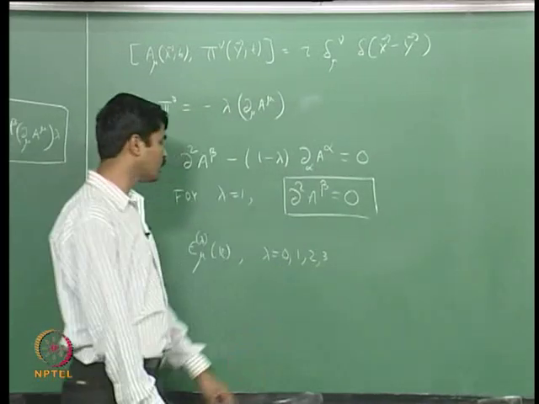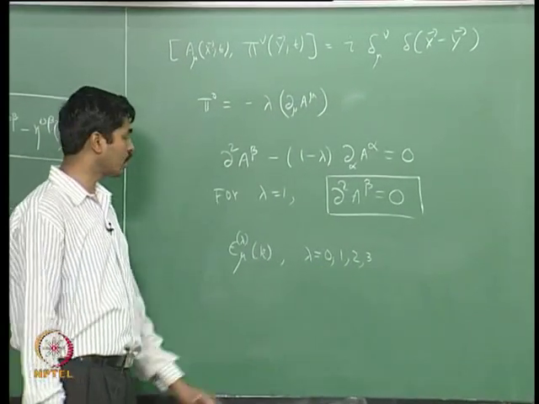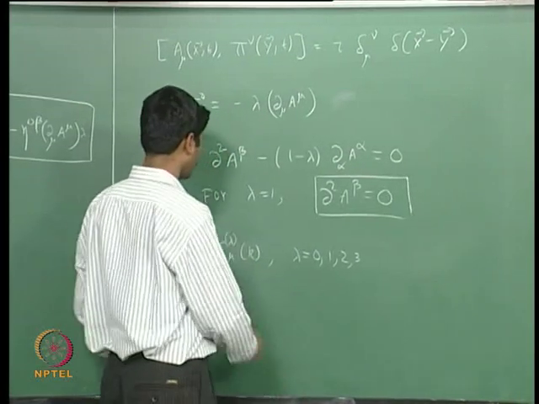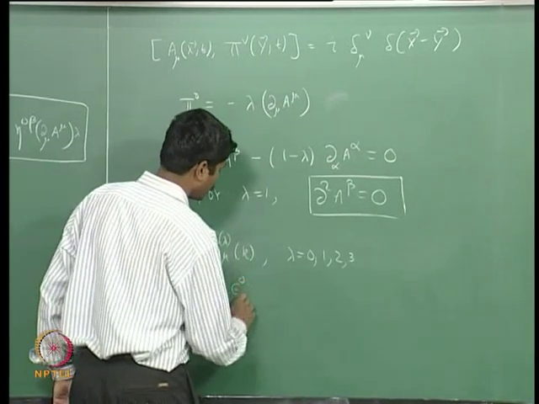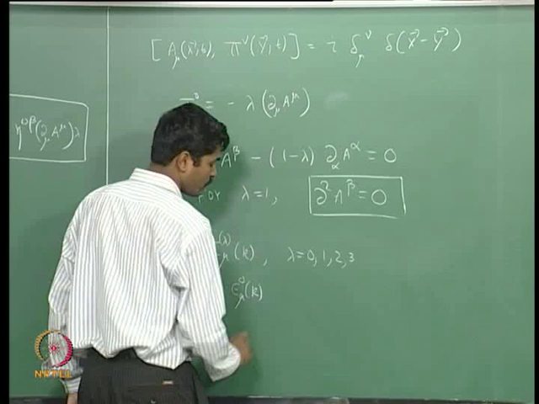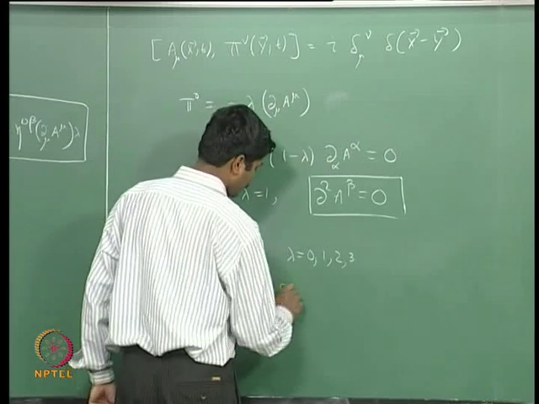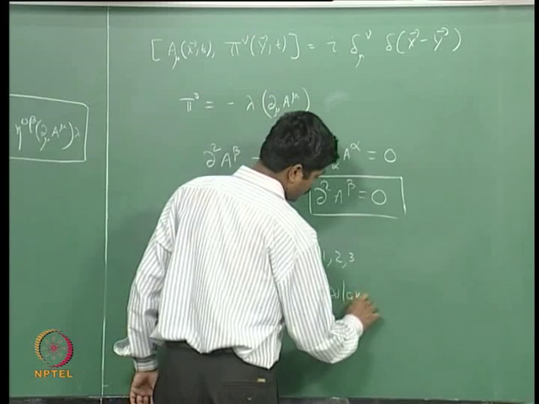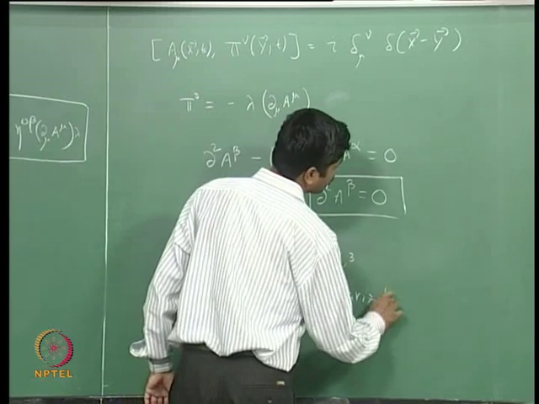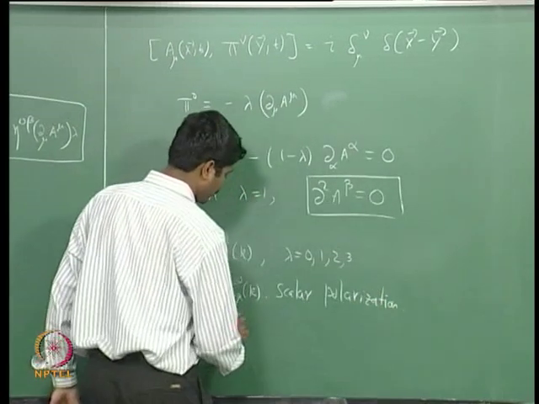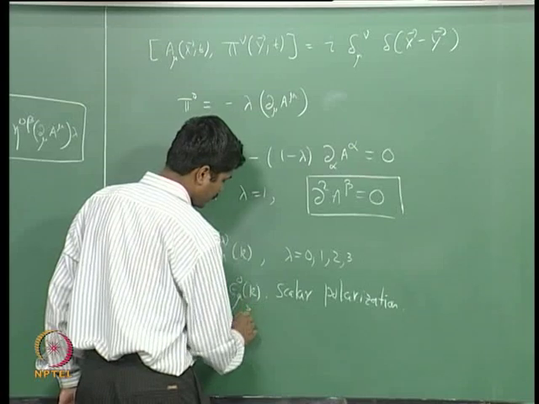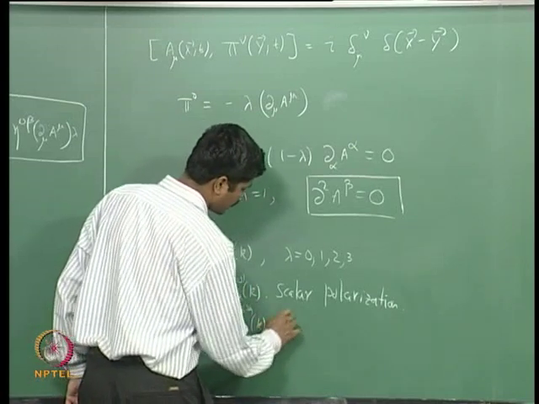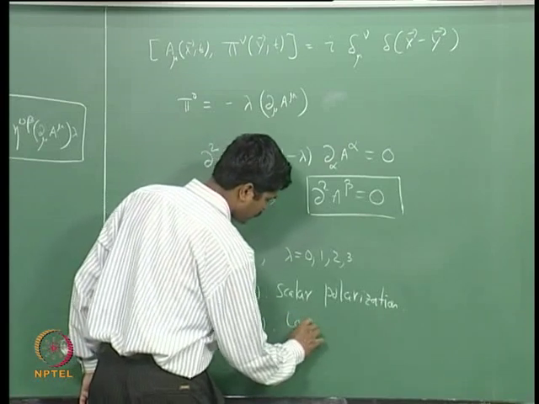The remaining 2 are known as the longitudinal polarization as well as the scalar polarization. So, epsilon 0 mu of k is known as the scalar polarization, and epsilon 3 mu of k is the longitudinal polarization.